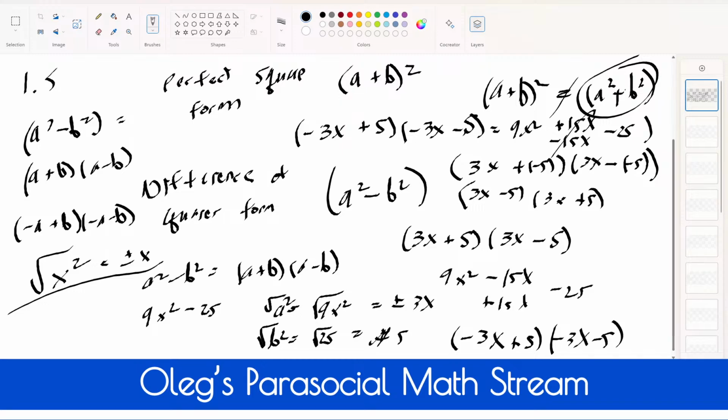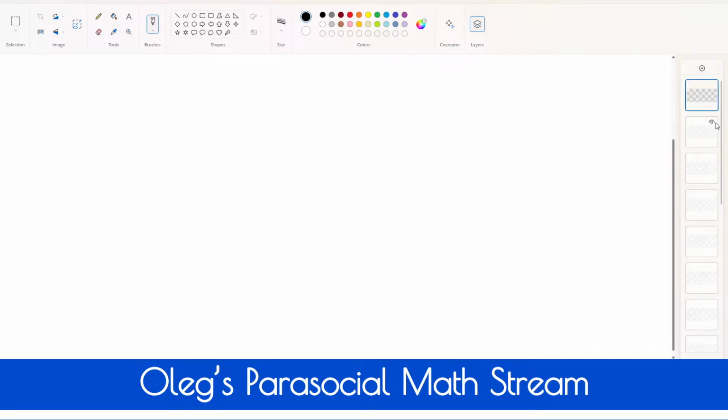They're asking for this form and not this form, even though the result's going to be the same. But of course, those are technically different numbers. Those a's are technically -3 and not 3, which is not the same thing. But when you square them, you don't know which it was.